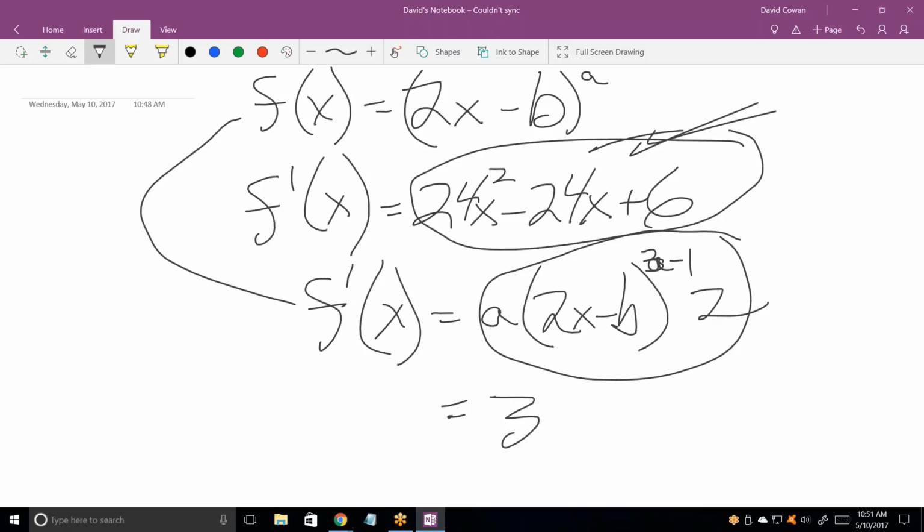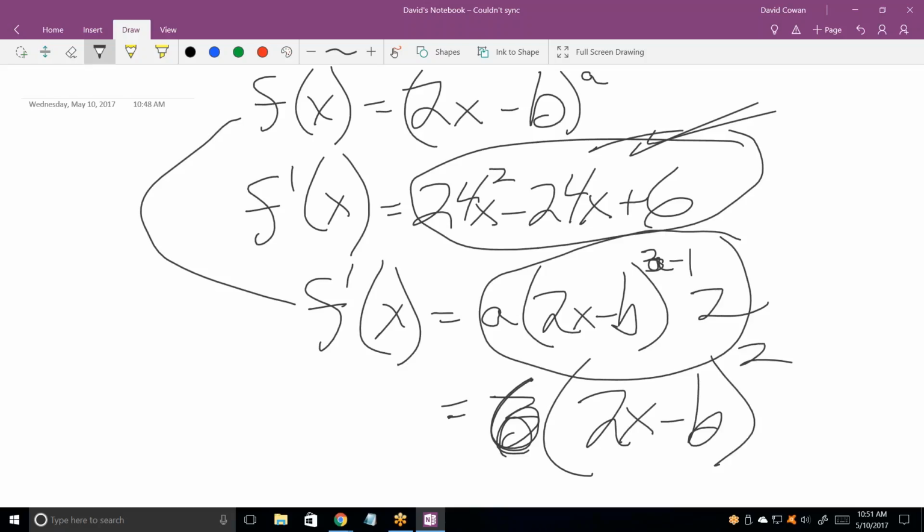I've got this 2 over here, so let's go ahead and put that in there. So now we have 6 times 2x minus some b squared all equals that. Well, you can see that we got most of it right, because the 2x squared is going to be 4x squared times 6. That's where we're going to get that 24x.